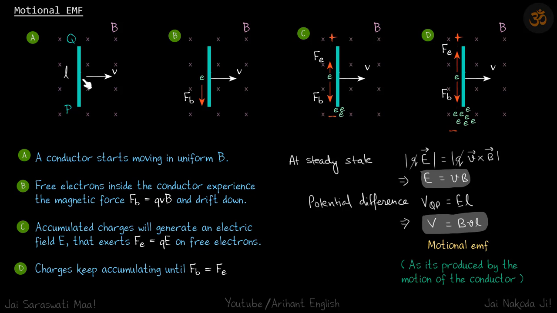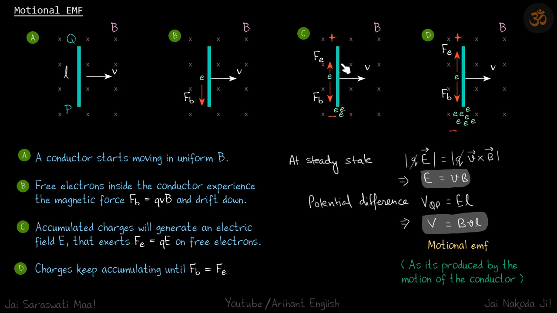So once again, when the conductor moves in a magnetic field, the electrons will start to drift because they will experience a magnetic force. As they go down more and more, the electric field will also start to increase because more negative charges are at the bottom now and more positive charges are on the top now.